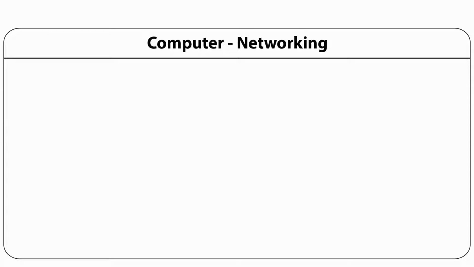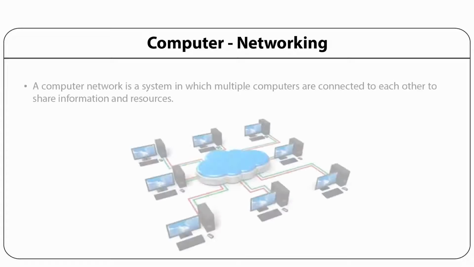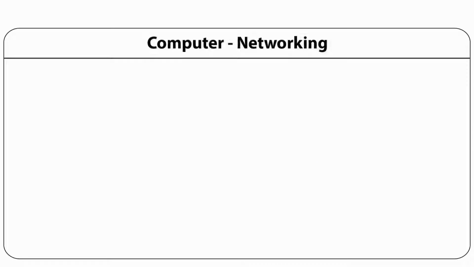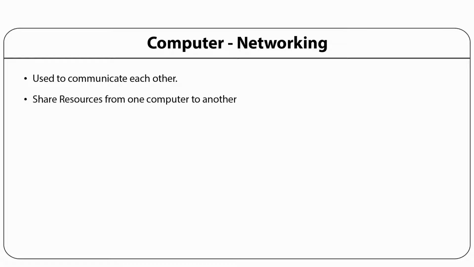Computer networking is an important area which needs special mention due to the wide application of networks in almost all fields of human life. A computer network is a system in which multiple computers are connected to each other to share information and resources. The main characteristics of a computer network, or why we are networking: first, to communicate, second, to share resources from one system to another.